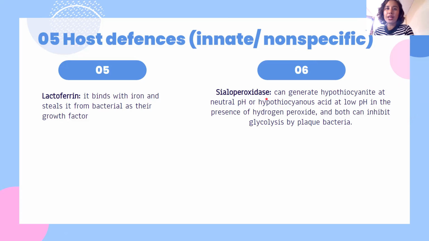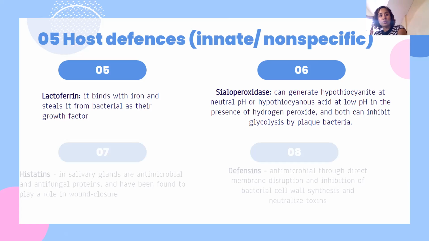So, sialoperoxidase can generate hypothiocyanate, which could inhibit glycolysis. Glycolysis is the utilization of sugars for energy ng bacteria. So kung inhibit mo, hindi na siya magkakaroon ng energy source.